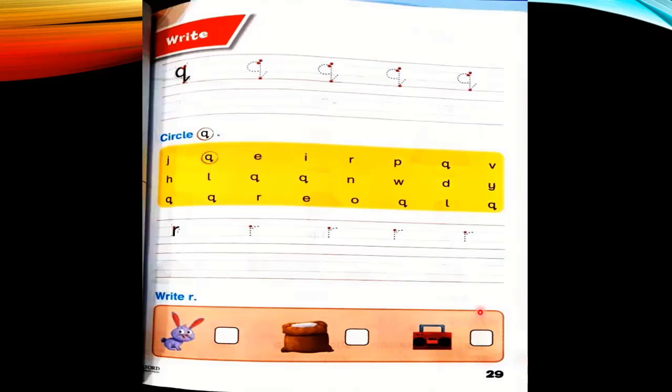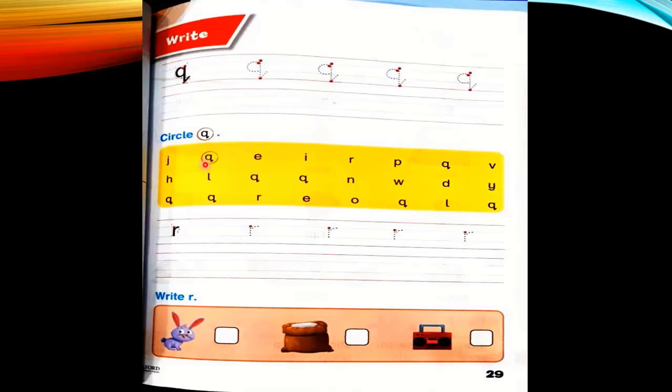Now open page number 29. Trace all qu and write them independently on the second line. Then you will circle all qu. Is it qu? No. Is it qu?